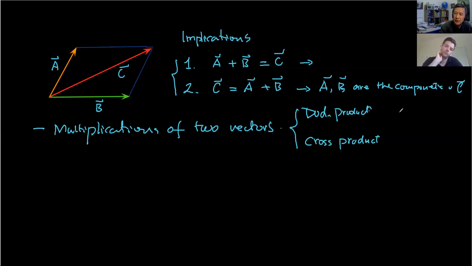The notation for this one is A dot B, and the cross product is A cross B. In the cross product, you get a new vector, and in the dot product, you get a scalar: A, B, and the cosine theta. Okay.